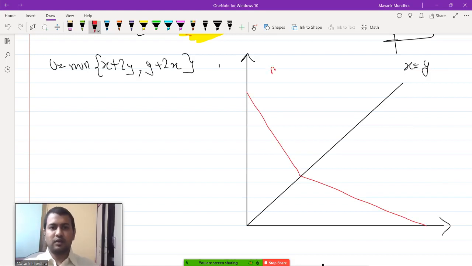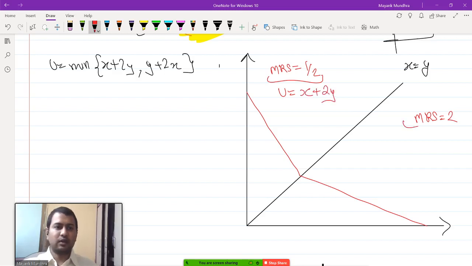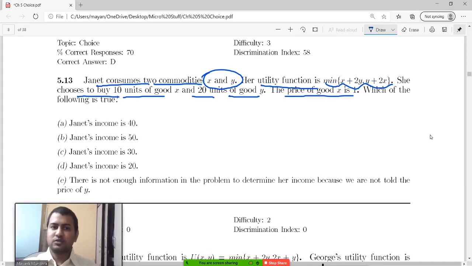Here you will have MRS equals half, here you will have MRS equals 2, which means here you will have utility equals X plus 2Y, and here you will have utility equals Y plus 2X.